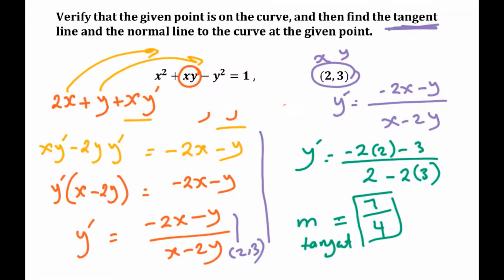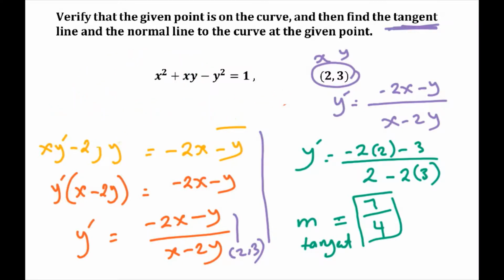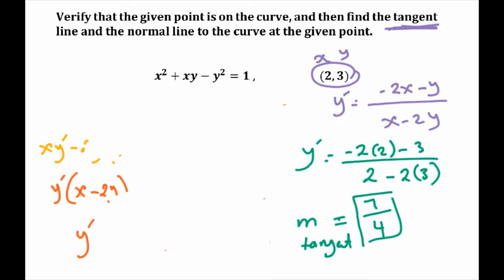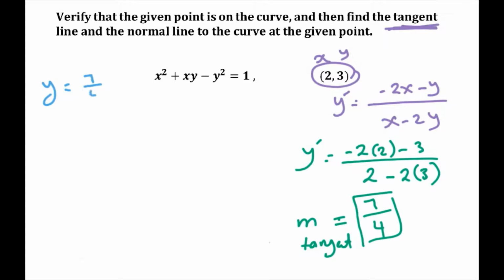Okay, now since we found the slope of the tangent, we can find the equation of the tangent, right? The equation of the tangent is y equal mx plus b. So y equal m, which is 7 over 4, x plus b. Now I will use this point again to find b.